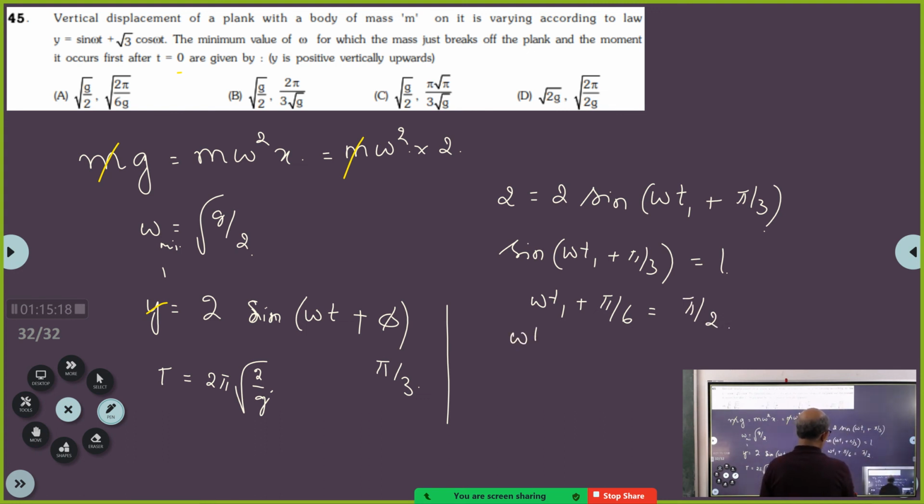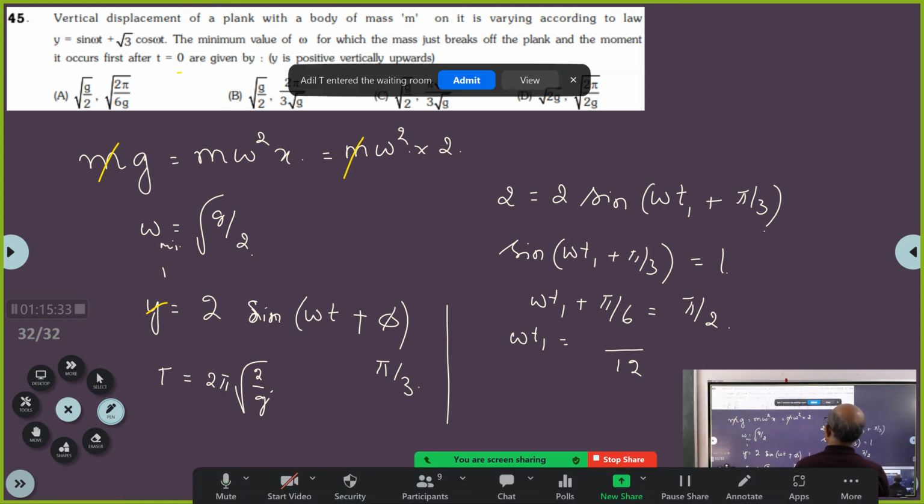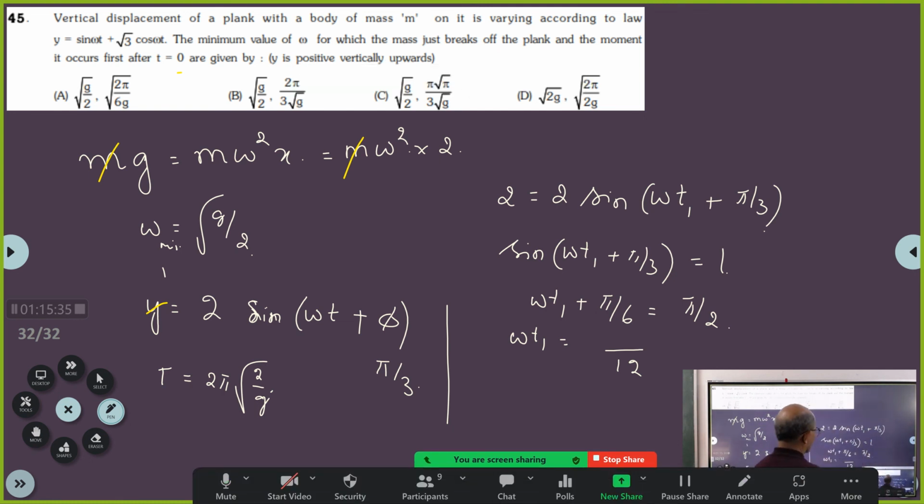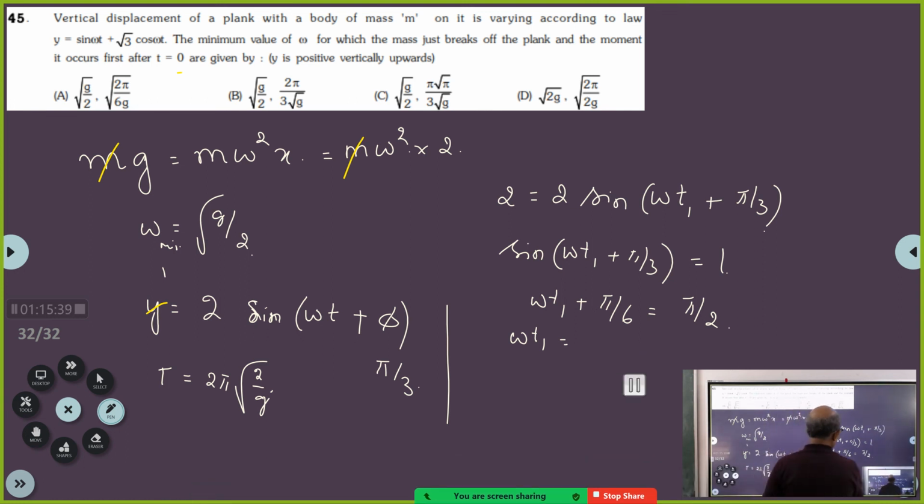Or omega t1 will be equal to pi by 2 minus pi by 3, that is 6 minus 1 over 12, so 6 pi by 12.